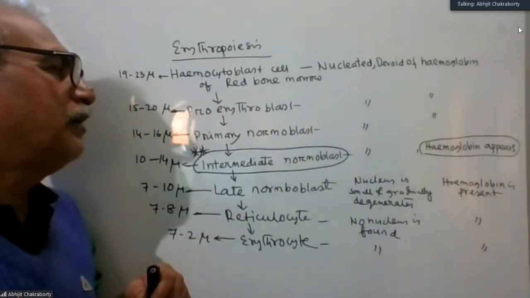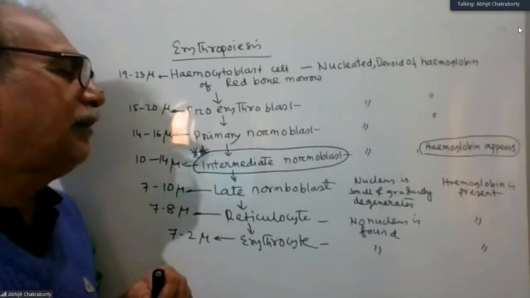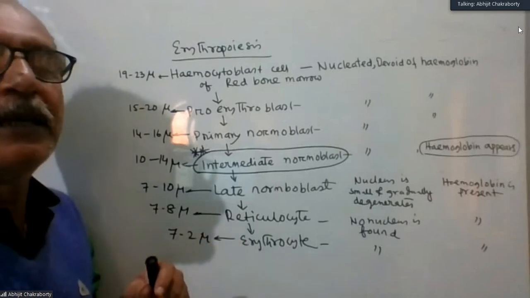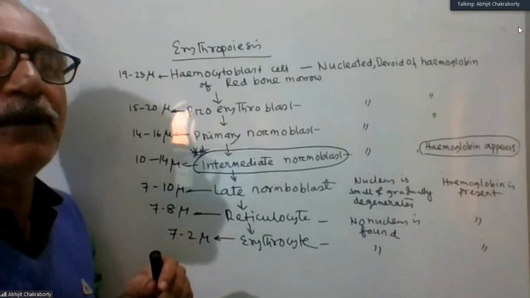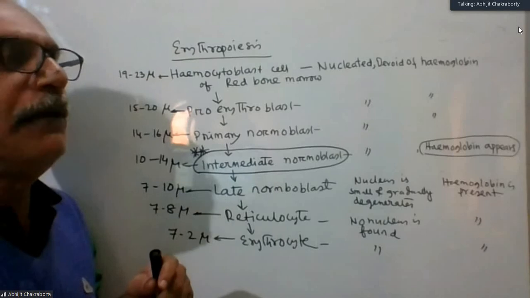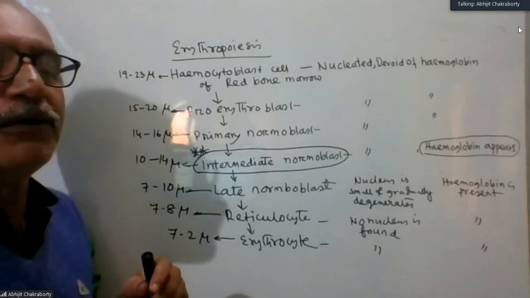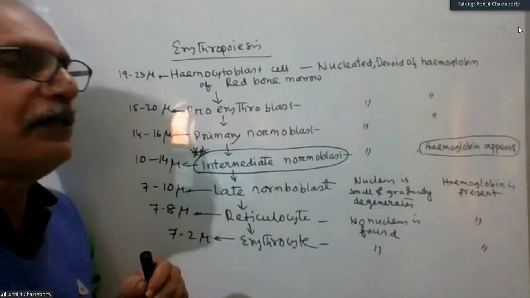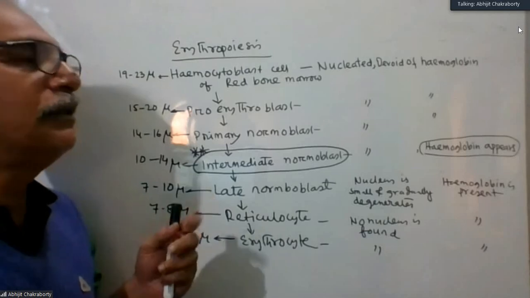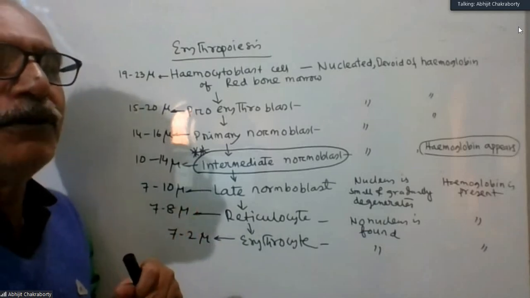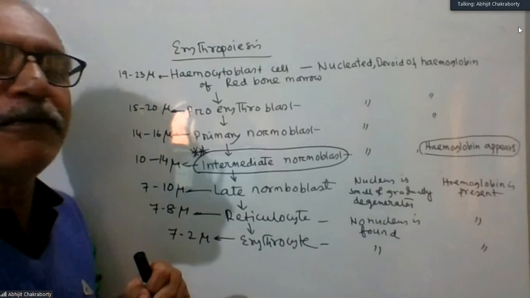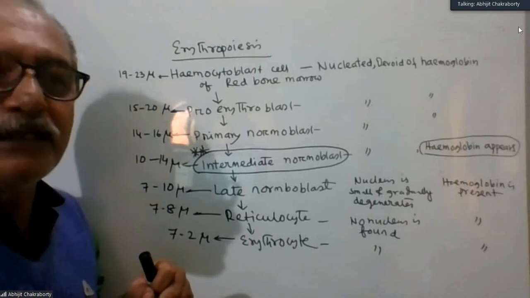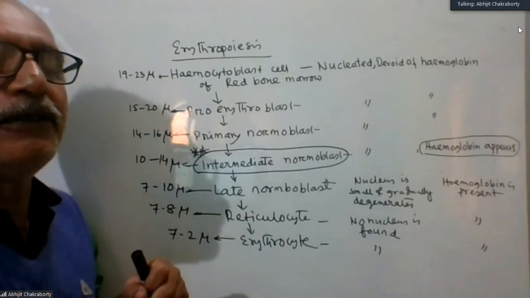From proerythroblast to primary normoblast, then to intermediate normoblast, in this conversion vitamin B12 plays an important role. If vitamin B12 is deficient, this process will be hampered. Then the RBCs are found with nucleus, and their lifespan is reduced to half.